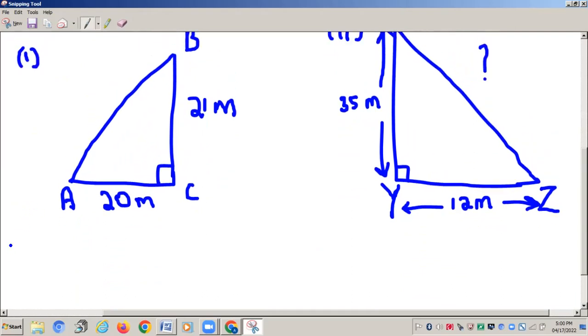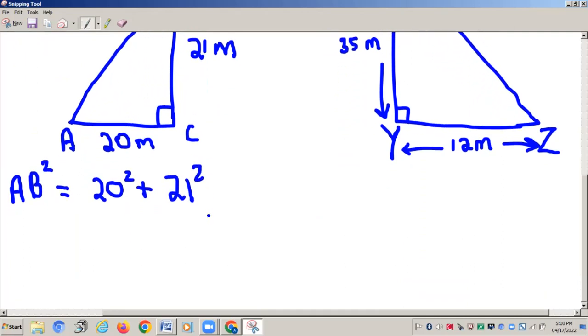We say AB squared is equal to 20 squared plus 21 squared. What is 20 squared, class? 400. And what's 21 squared? 441. And what's the sum of all of this? 841.